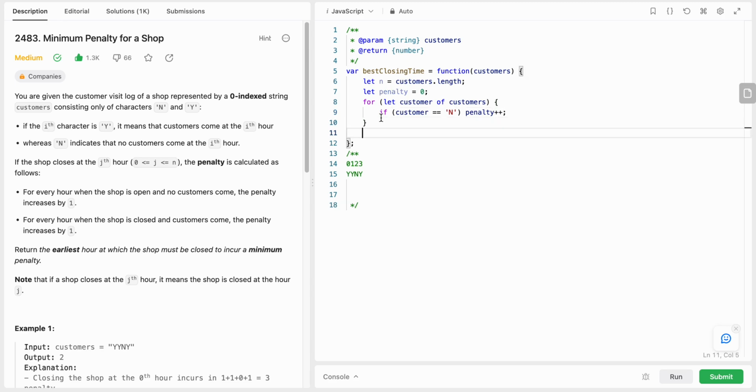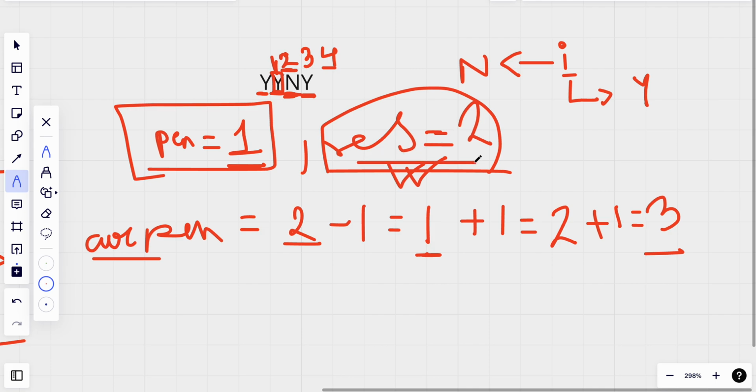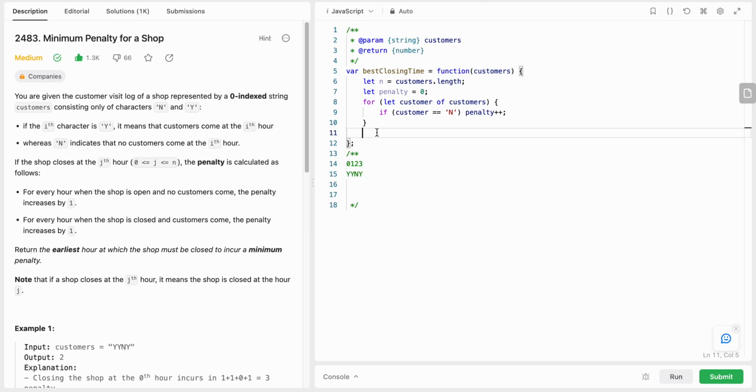Now at the end we'll have the number of penalties for the last index. So for the last index we by default have the value, so let result equal n, which is the last index.